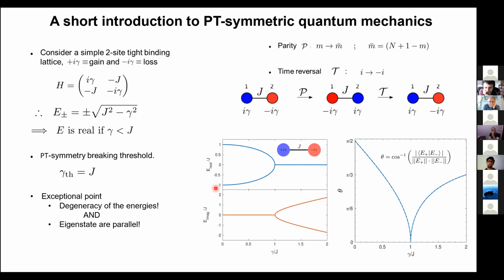This is a degeneracy not only in the energies but also in the eigenstates. As you can see, the angle between them also changes as you increase gamma, and the angle between them is 1 at the exceptional point.